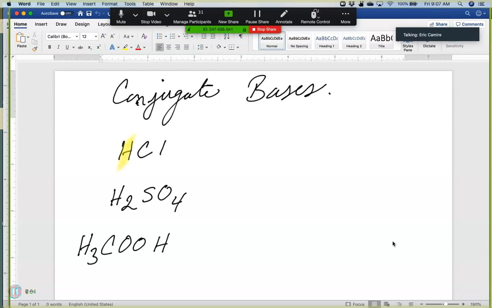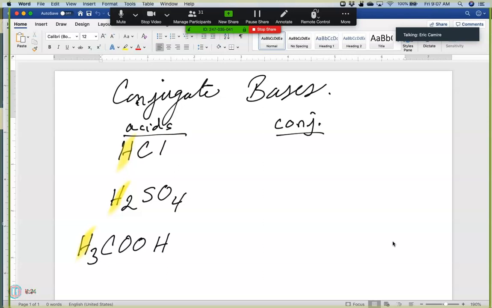And I'll have to tell you exactly which protons or hydrogens are going to move, but for everything that I just highlighted, at least one of those hydrogens is acidic, which means it will be transferred.